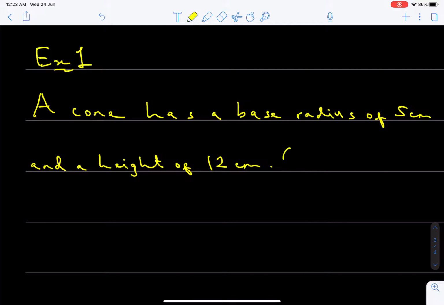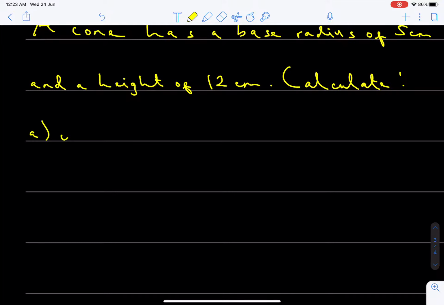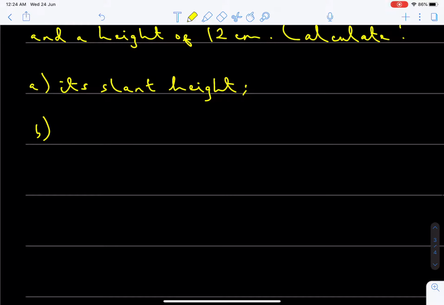Calculate A, its slant height. B, its total surface area.